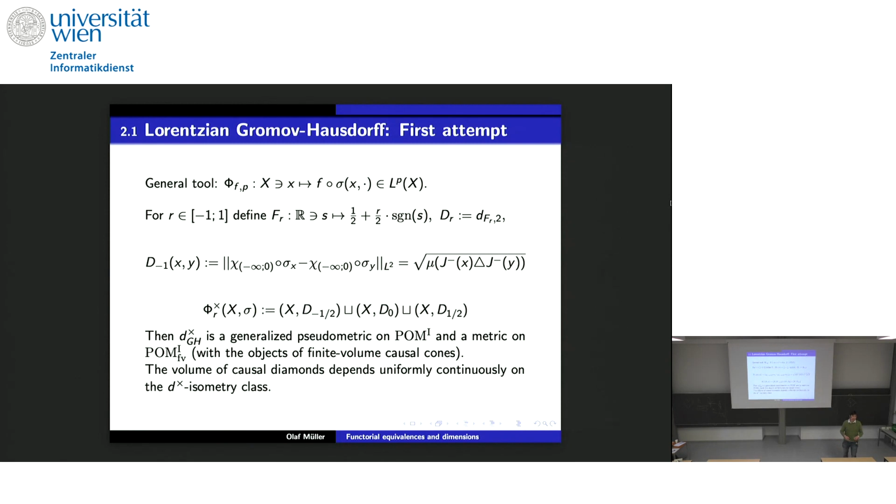And it's a not too difficult calculation that you can actually reconstruct, for example, the spacetime metric or the Lorentzian distance from it. If you have volume, you can actually reconstruct the distance, because you have order and you have volume, and this is enough to reconstruct the metric.